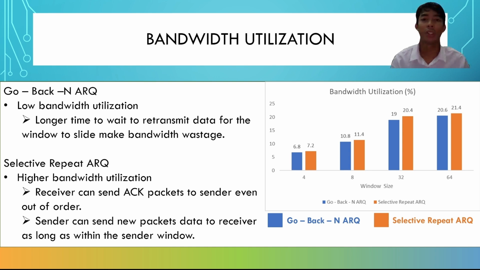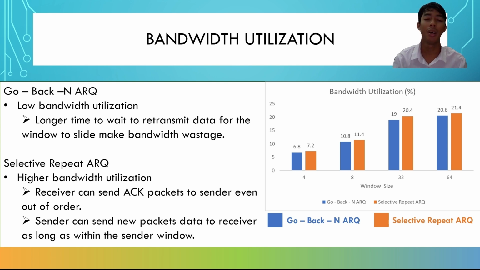And for bandwidth utilization, Go-Back-N ARQ has low bandwidth utilization. Bandwidth utilization is how efficiently the bandwidth is used. In Go-Back-N ARQ, you have low bandwidth utilization because of the longer time to wait to retransmit the data for the window to start, which makes bandwidth wastage.